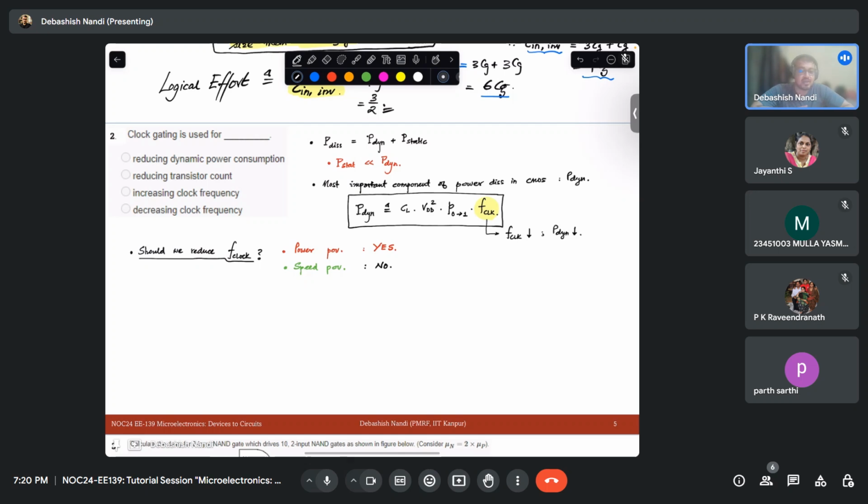That is the state of the art in processors. 5 gigahertz, huge power consumption. We can easily go to 10 gigahertz, but then your chip will melt instantaneously. Not a single operation will be carried out. So from speed point of view, reducing the clock frequency is not a good idea.